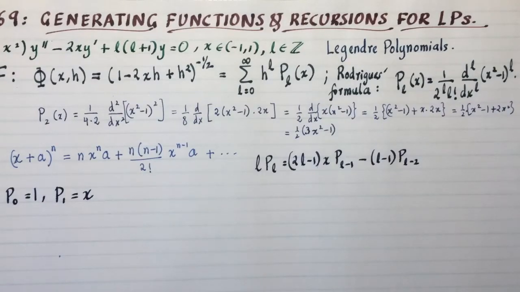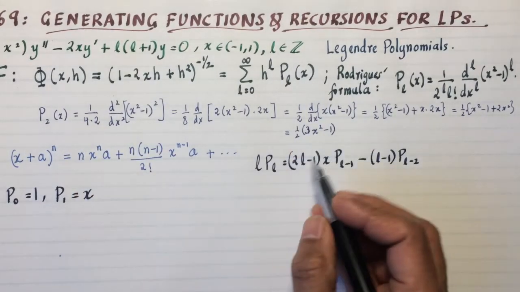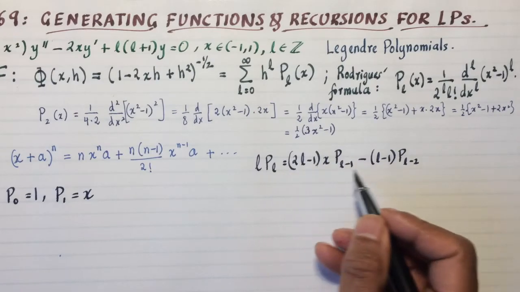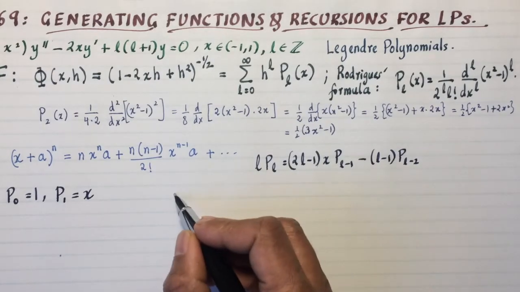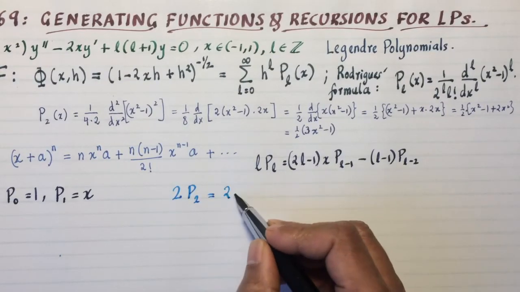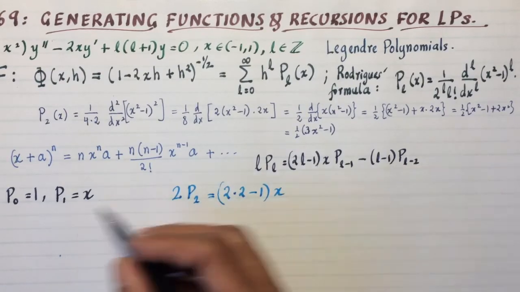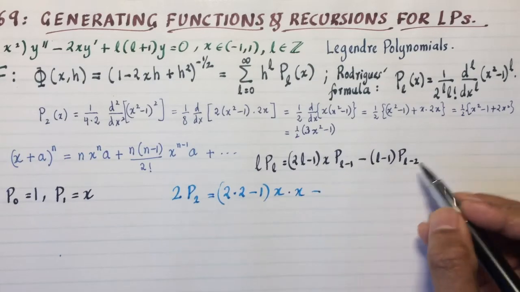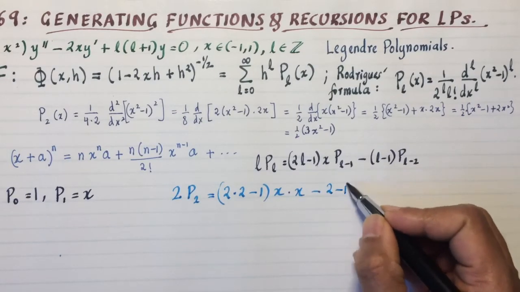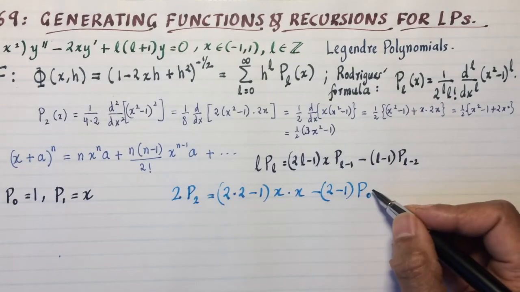So let's find out what P2 would be. We already know that P2 through hard work is this. So it might be good to find out what P2 through this recursion formula is. So L equals 2 now. So I'm getting 2 times P2 equals 2 times (2 minus 1) x P1, which is x, minus (L minus 1), which is 2 minus 1, times P0, which is 1.